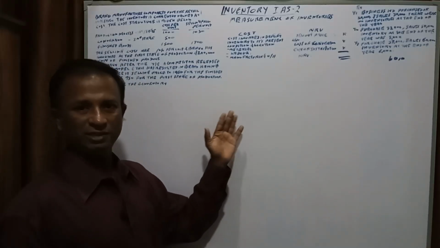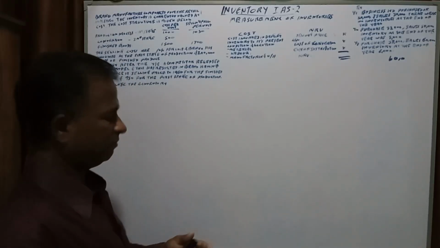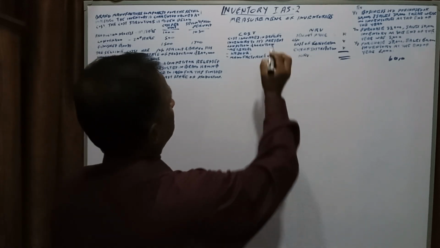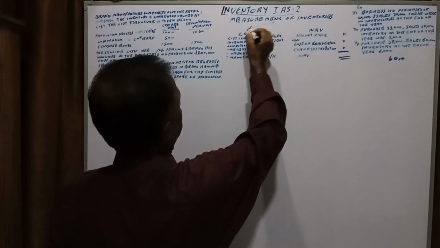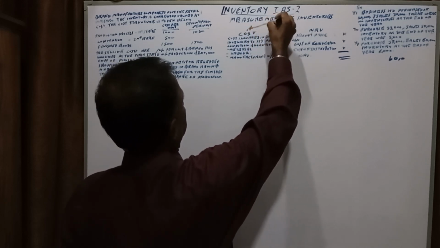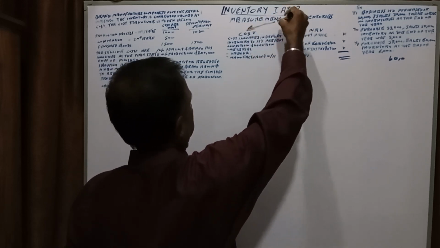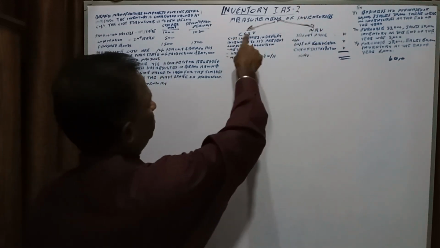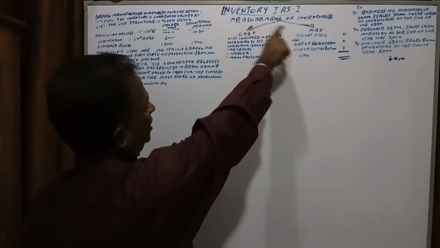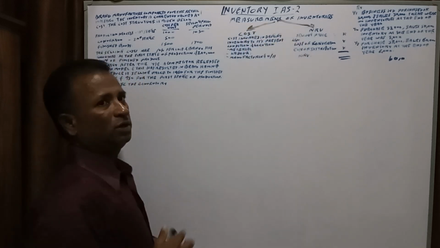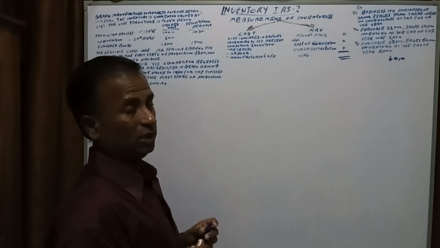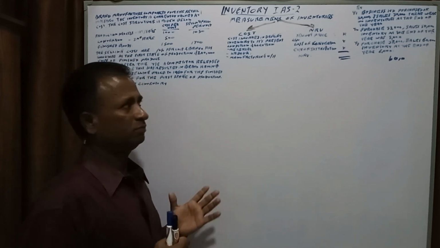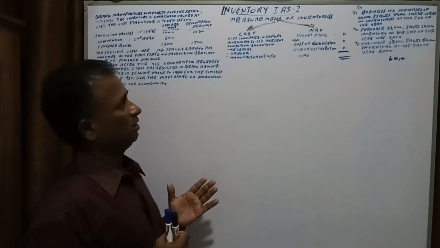Guys, we are meeting here in the second lesson in inventory. In inventory measurement, it says cost should be measured at the lower of cost or net realizable value, whichever is lower.